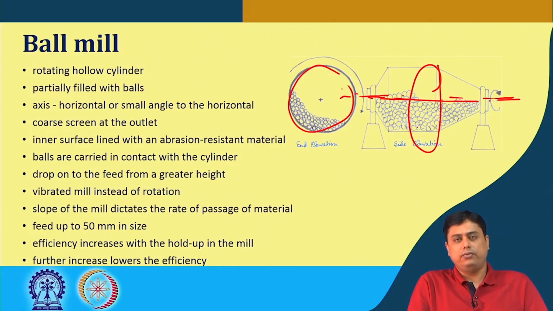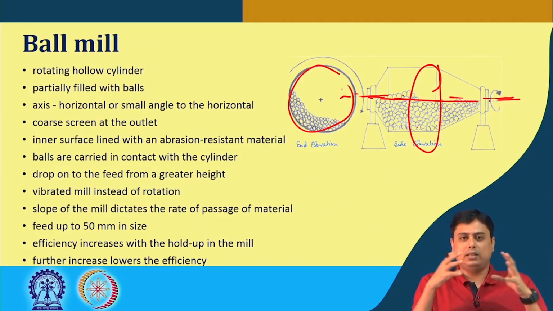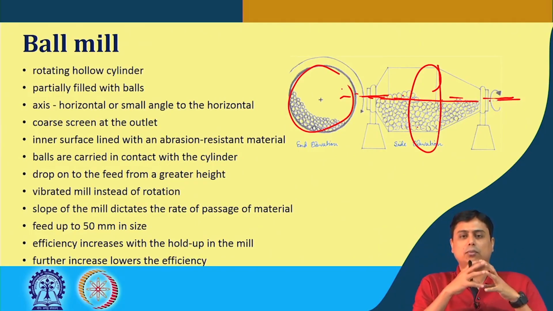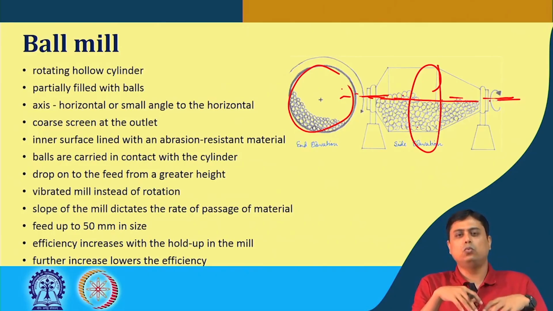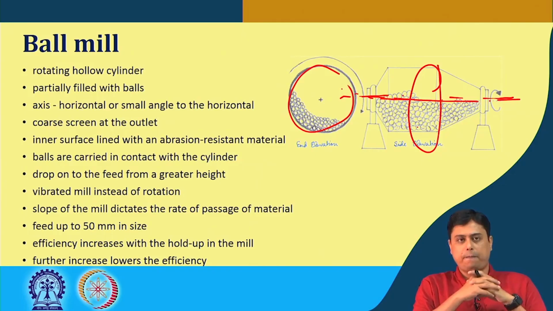That means the feed that comes in completely fills the void space created in between the balls. That is the hold up: the void space created by the random position of the balls that are already there in the mill. So, if the feed can occupy those positions effectively, then this works in the most efficient way.